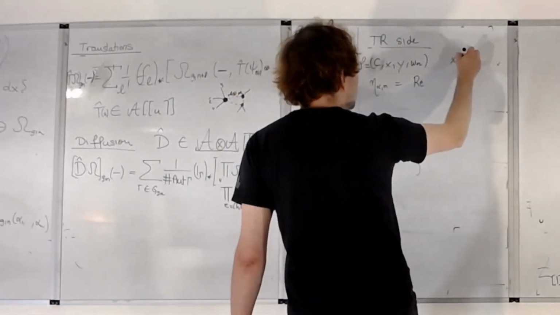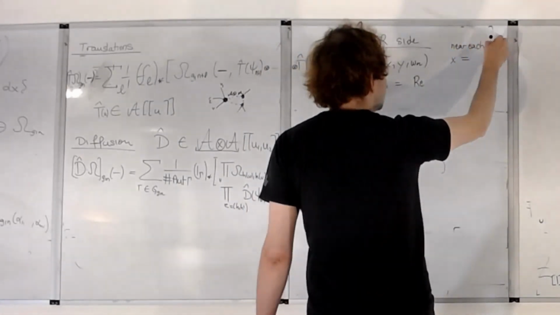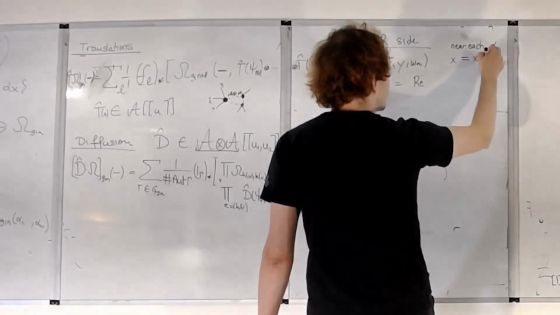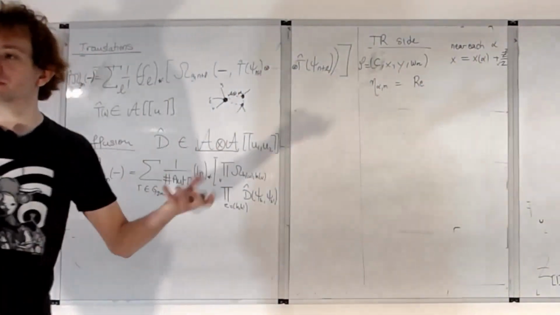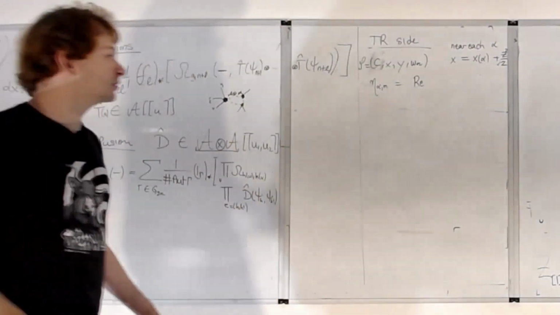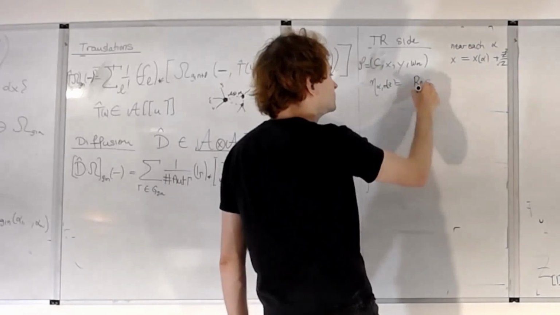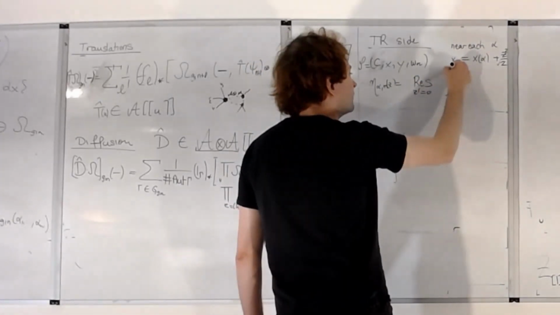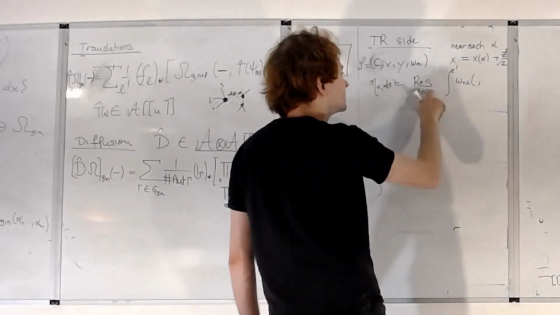So near each alpha, you can take a local coordinate z, which depends on this alpha. And then you take the residue of the primitive of omega 0,2. So it's residue at z prime goes to alpha.